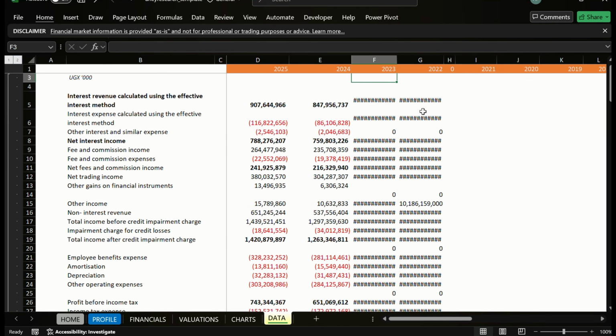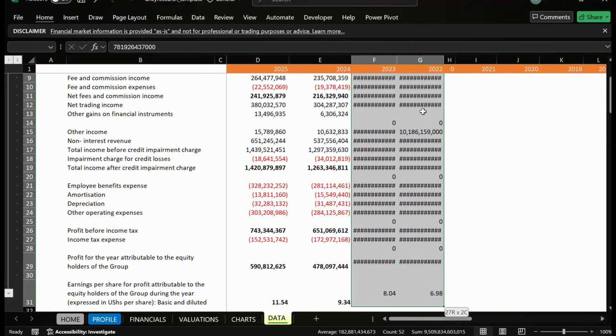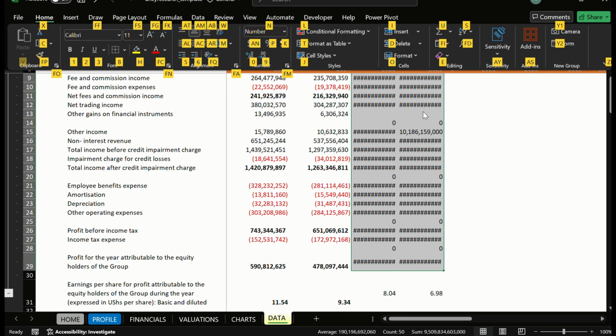Repeat all this in one minute. So just Control Alt V, paste.